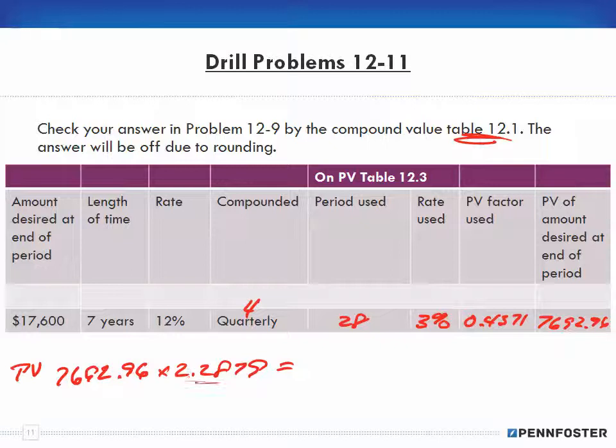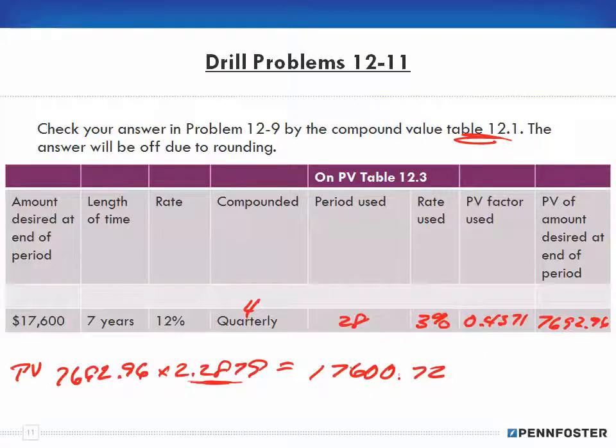So I'm using the right table and the right factor. So if I take 7692.96 and multiply it by 2.2879, I end up with $17,600 and 72 cents.